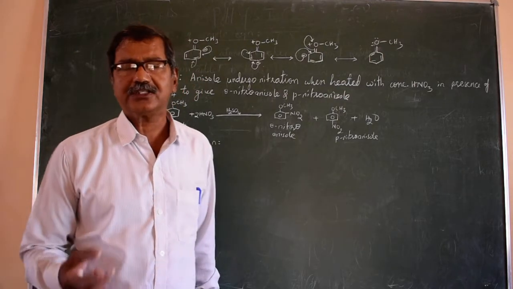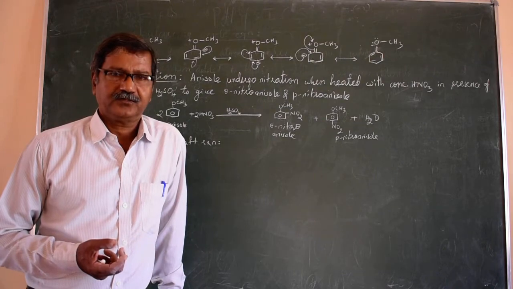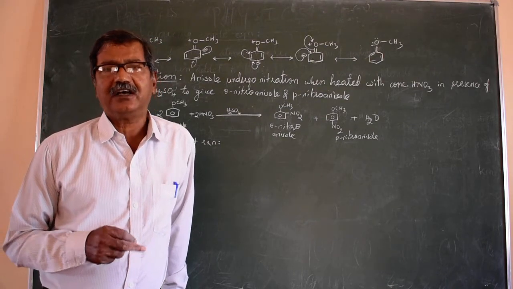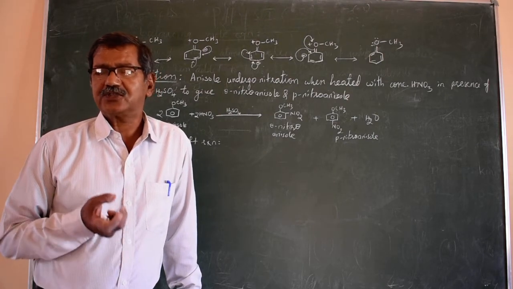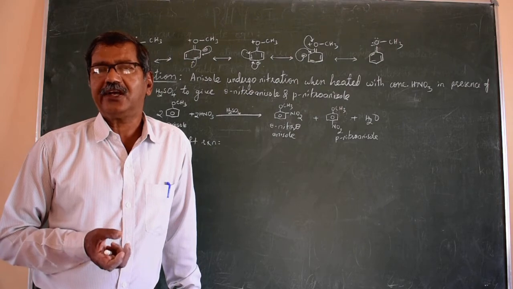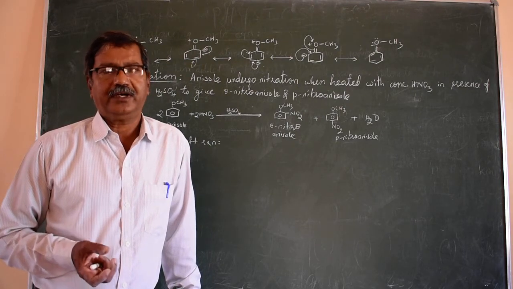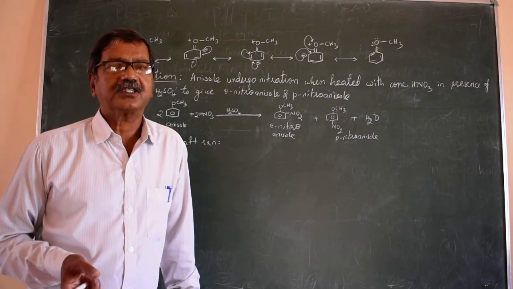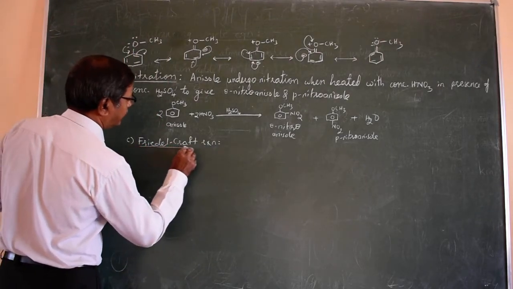So anhydrous aluminum chloride is used as a catalyst in Friedel-Crafts reaction. Here we have 2 types of reaction. One is alkylation and another is acylation. In alkylation, as we know, you are using an alkyl halide like alkyl chloride or alkyl bromide. Then in acylation, we know you are using acetyl chloride. So in Friedel-Crafts reaction, we have 2 reactions.